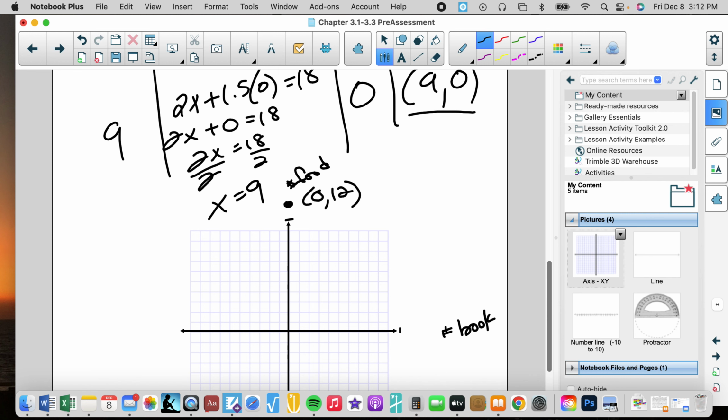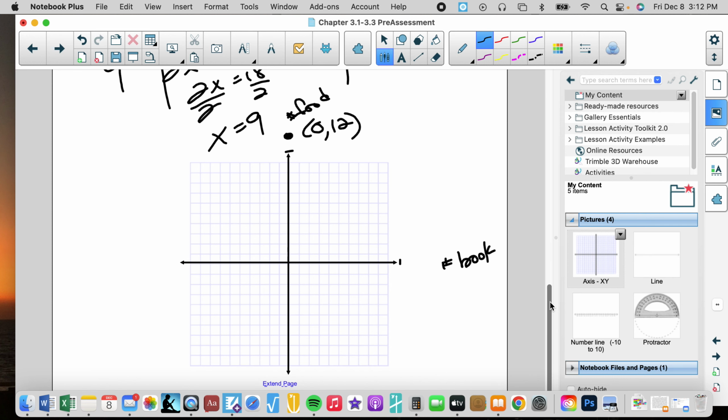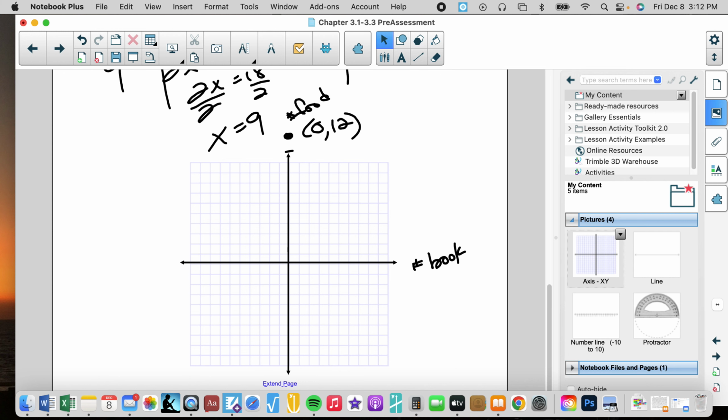And then the other extreme would be 9 book and 0 food. So that would be right here.